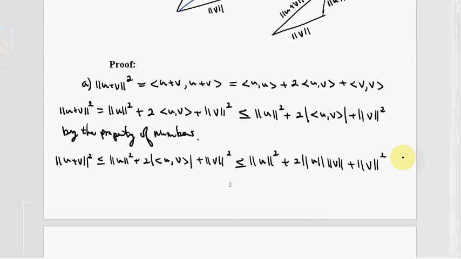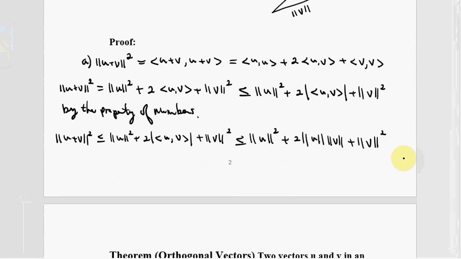Take those two middle pieces. That's by the Cauchy-Schwarz inequality, which says that the absolute value of the inner product of u and v is less than or equal to the norm of u times the norm of v. So our reason for justification is the Cauchy-Schwarz inequality.